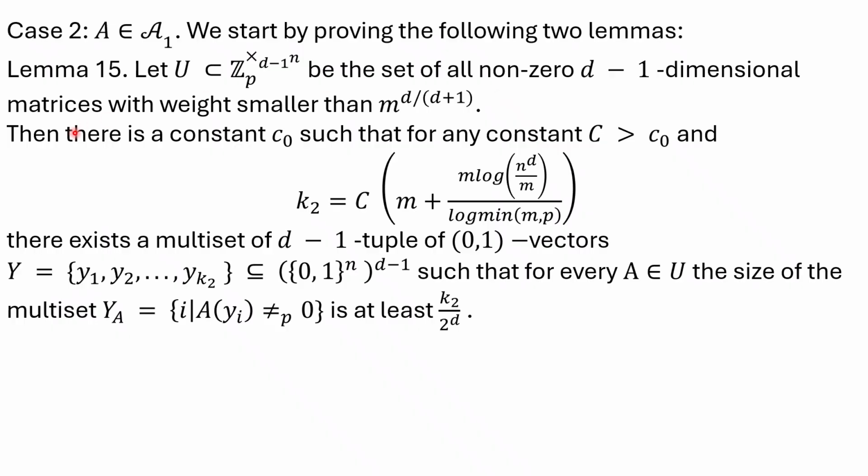Then, there is a constant c0 such that for any constant c greater than c0 and k2 that is defined here, there exists a multiset of d-1 tuples of 0,1 vectors y such that for every A that belongs to U, the size of the multiset YA is at least k2 divided by 2 to the power of d, where YA is all the indexes i for which A in the yi entry is not equal to 0.